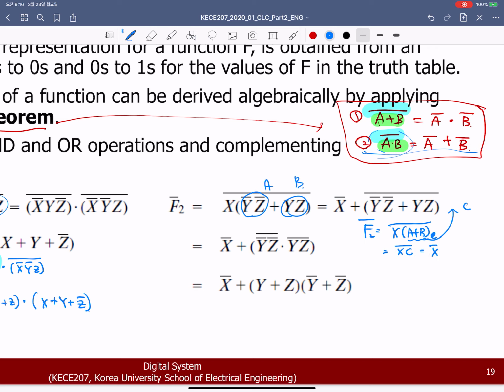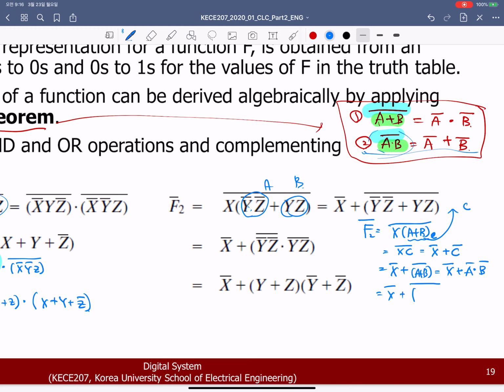Then you can do this one, right? So then you have to calculate the c bar. Then c is a plus b, that's why you have to calculate a plus b bar. So now you have x bar plus a bar dot b bar, right? So then here x bar plus, let's look at what's the a. This is the a, right?